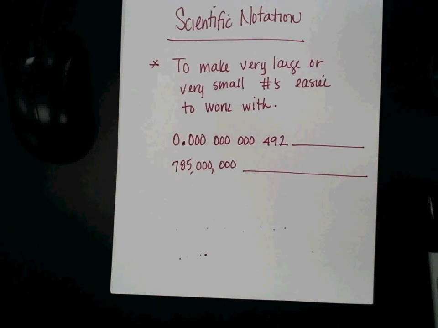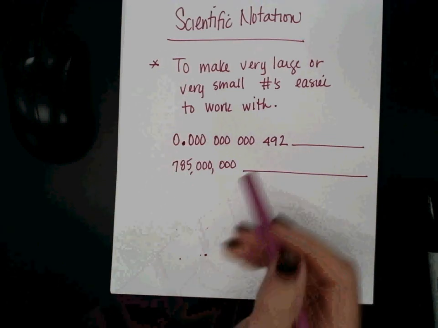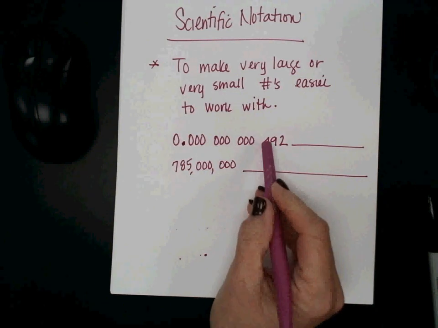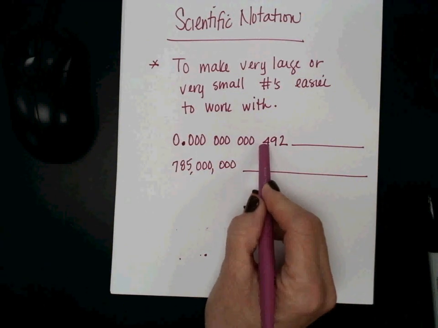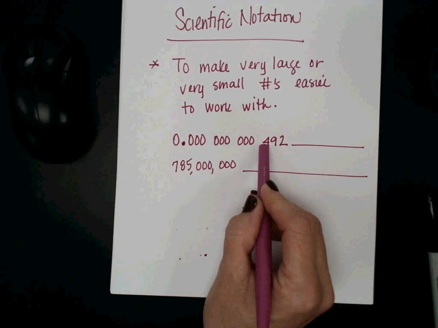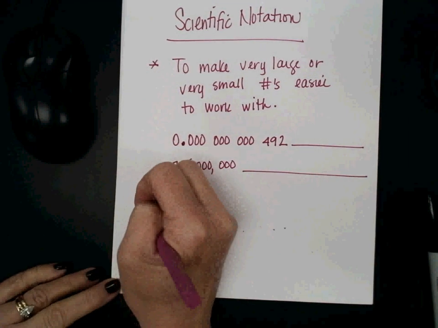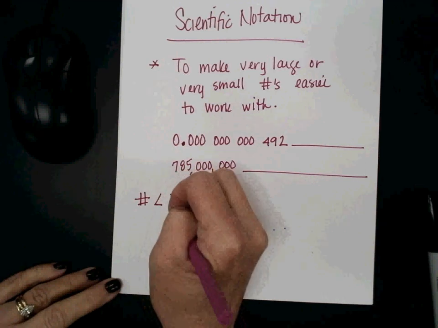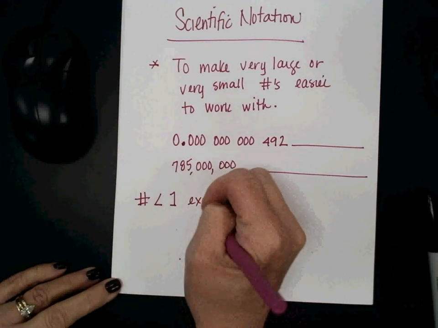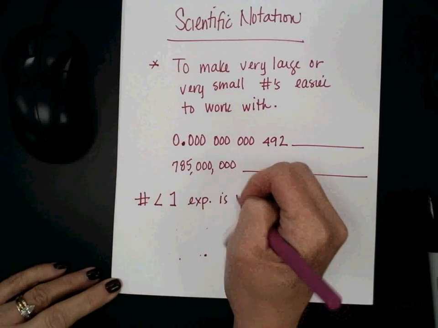So let's talk about this. This is a very small number. If I have a number less than 1, what has to be true about the exponent? It's negative. So let's write that down. Number less than 1, the exponent is negative.